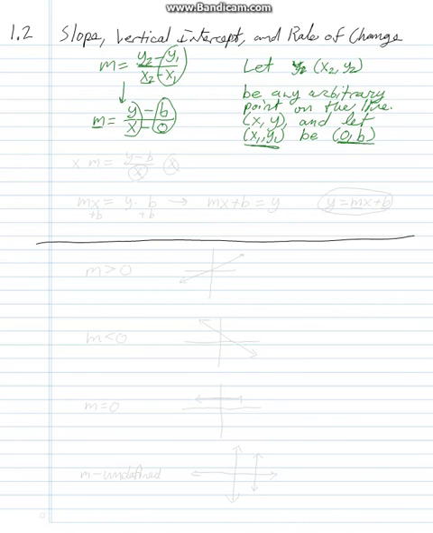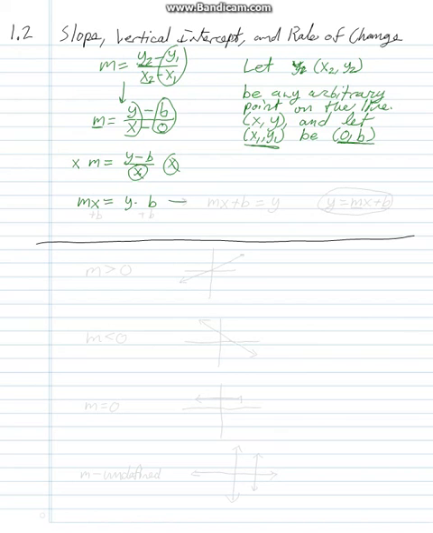So from there, if we try to clean this equation up a little, I see y minus b over x. This 0 isn't helping anything. Now if I multiply both sides by x, I see mx on the left, and I see y minus b on the right, because these cancel. I'm getting it out of the denominator.